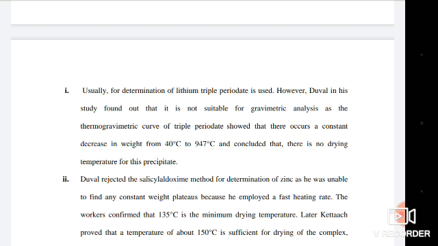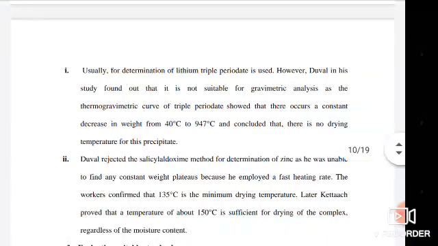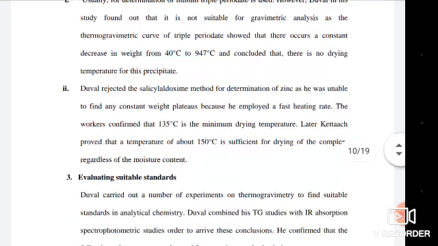However, Duval in his study found out that it is not suitable for gravimetric analysis, as the thermogravimetric curve of the triple periodate showed a constant decrease in weight from 40 degrees to 947 degrees Celsius, and concluded that there is no drying temperature for this precipitate.